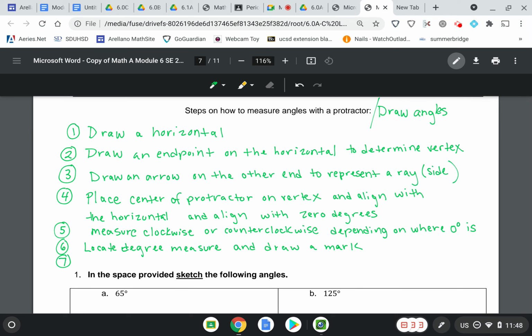And then lastly, once you've located the degree measure that you're drawing or finding, then you line up the vertex with the mark and draw a ray from the vertex. Okay, and this is going to be the second side of your angle.